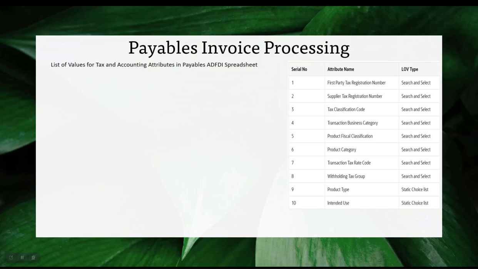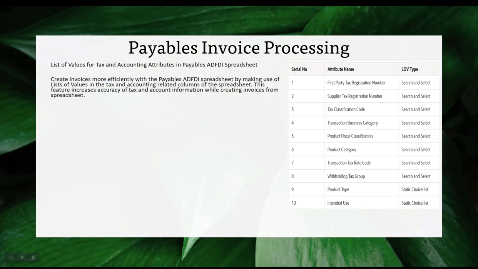But now it's applicable as a list of values. Creating invoices will be more efficient with the payables ADFDI spreadsheet by making use of list of values. These features increase accuracy of tax accounting information while creating invoices from a spreadsheet.